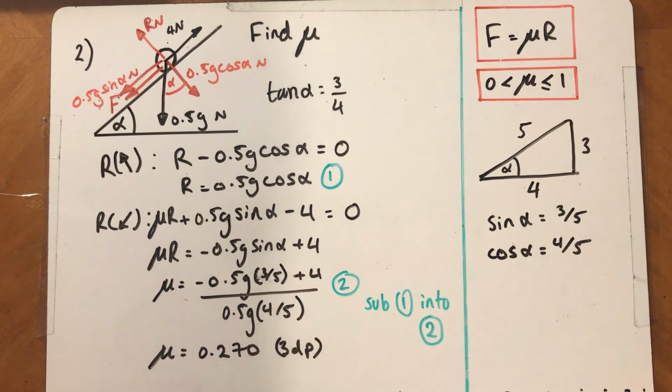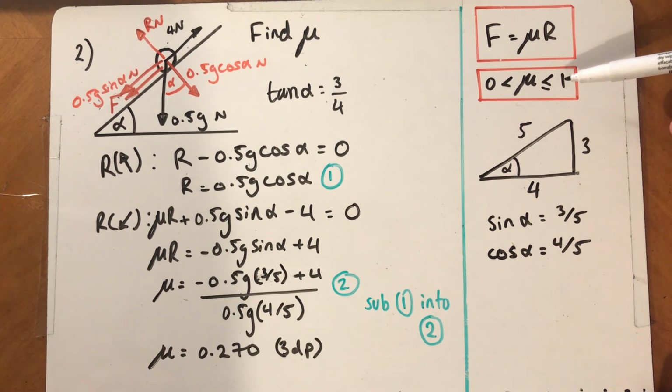Okay, so it's standard to give mu to 3 decimal places in M1 as a rule of thumb, or 3 significant figures, because it doesn't matter because mu is less than 1. So one more point I'd just like to add is that mu should always be between 0 and 1, okay?